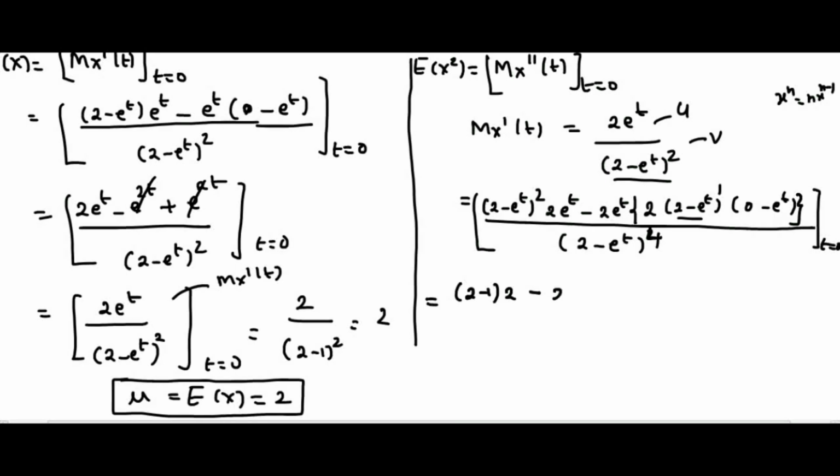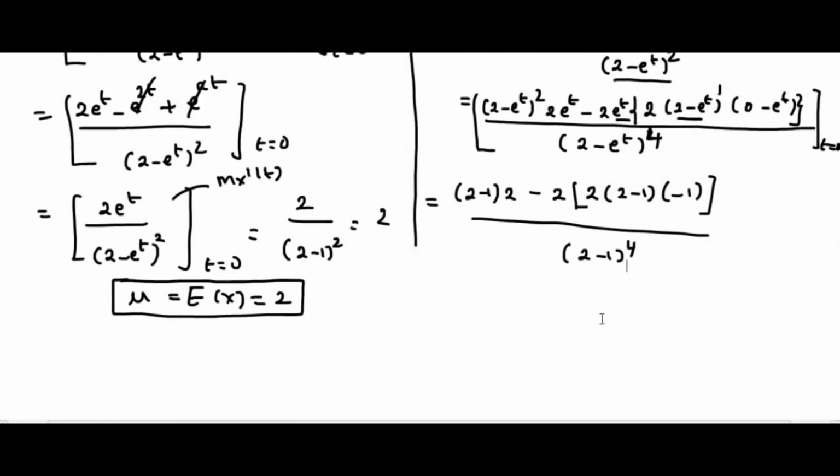Minus 2. What is e power t? This term is 1, so 2 into 1 is 1. Coming to here, 2 into 2 minus 1, e power 1, we get 2 minus 1, so here we get minus 1 only. The denominator is 2 minus 1 power 4.